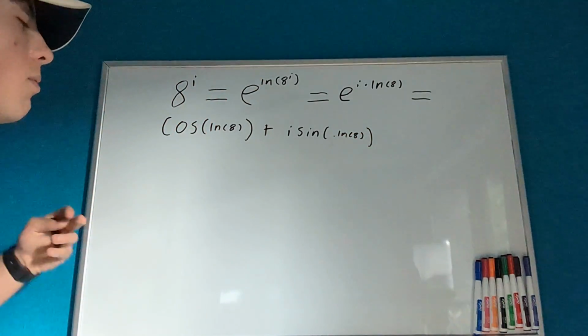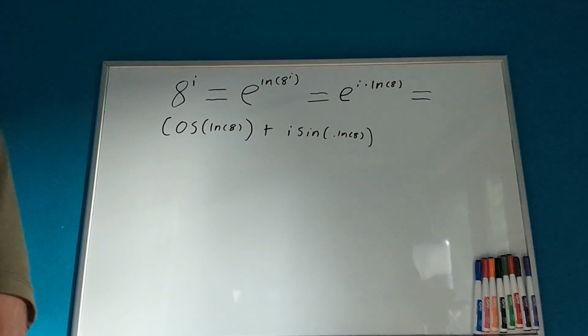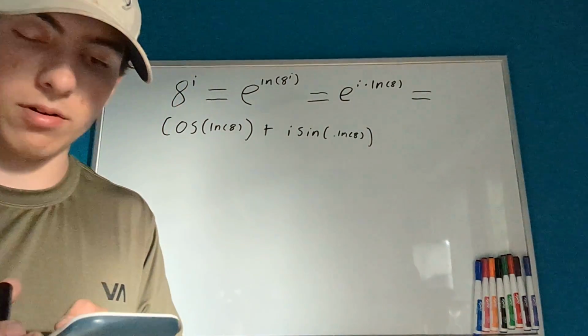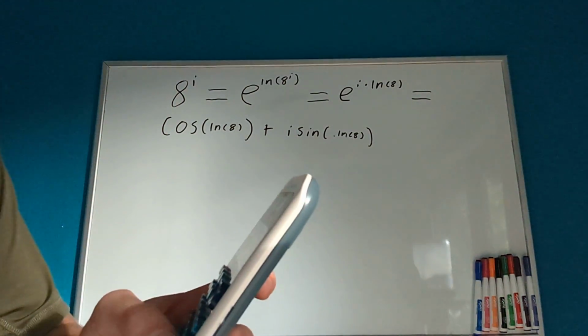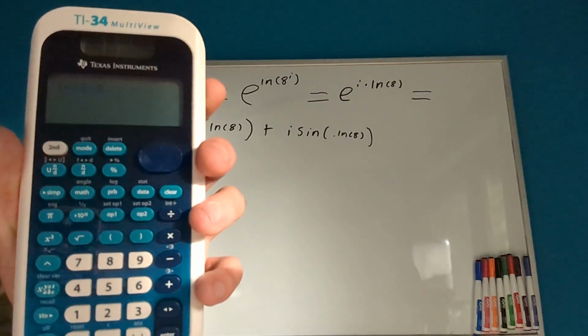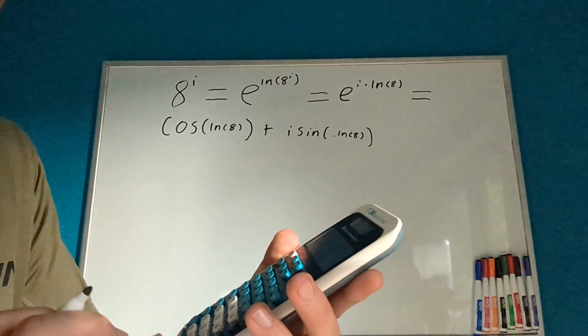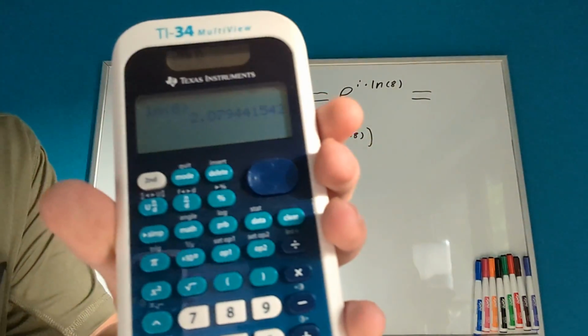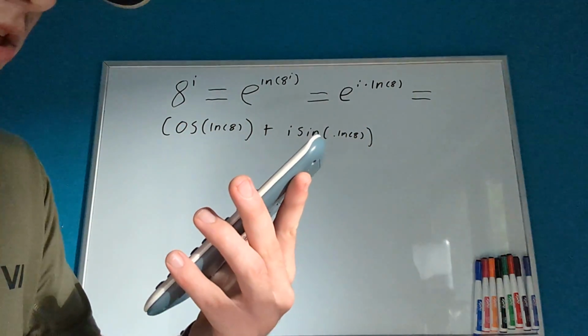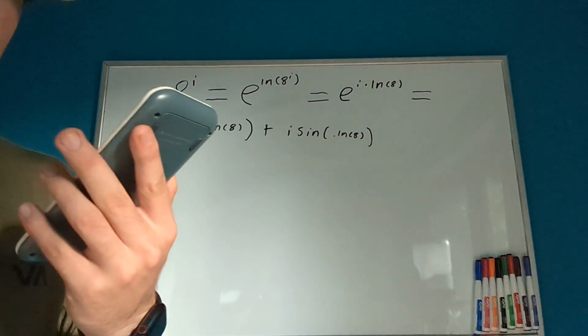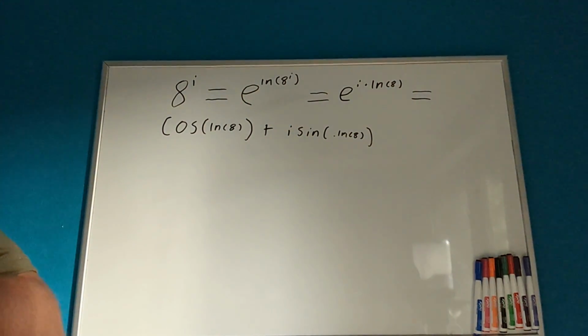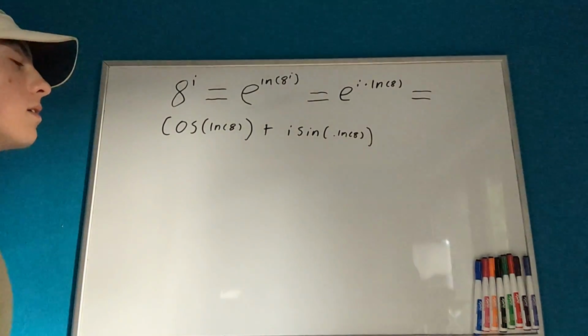All right, now we want to actually evaluate what the natural log of 8 is. So I'm going to use a calculator, right? Natural log of 8 equals 2.07, we'll just say 2.08 in this case.